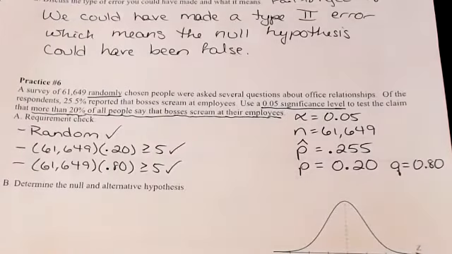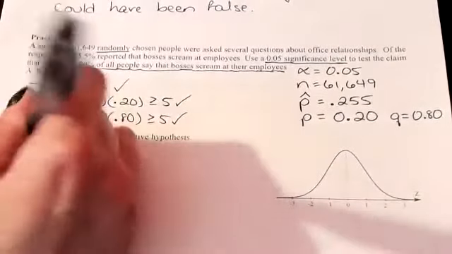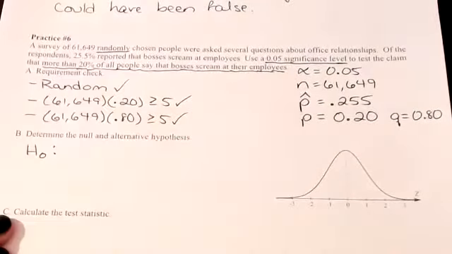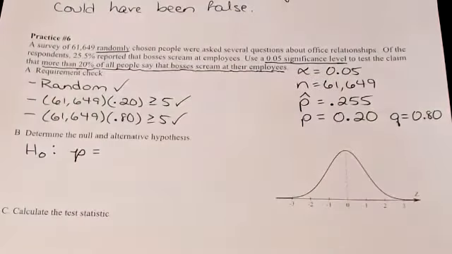Perfect. We want to determine the null and alternative hypothesis. So the null hypothesis is business as usual, that the proportion of people saying that bosses scream at their employees is 0.20.